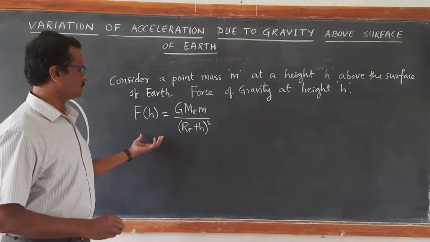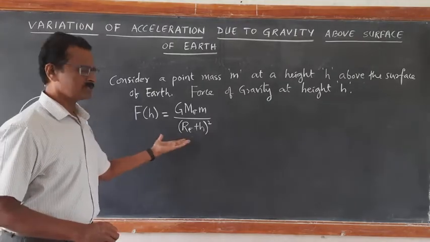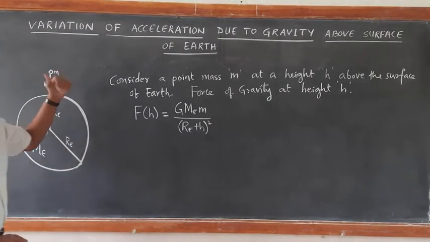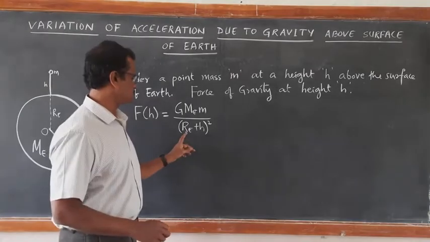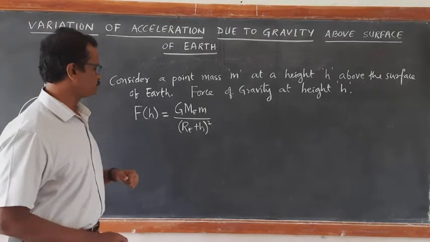So this itself definitely tells that the force of gravitation goes on decreasing as you go to higher and higher altitudes, because in the denominator we have Re plus h whole square. Okay.